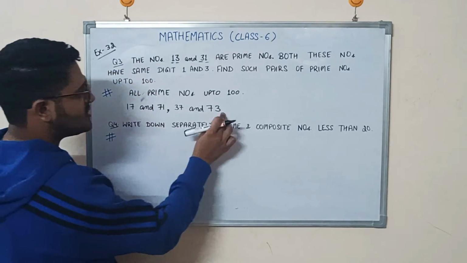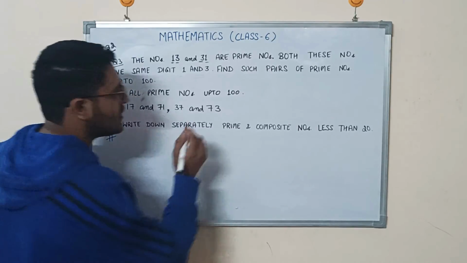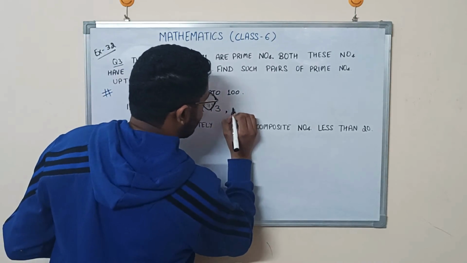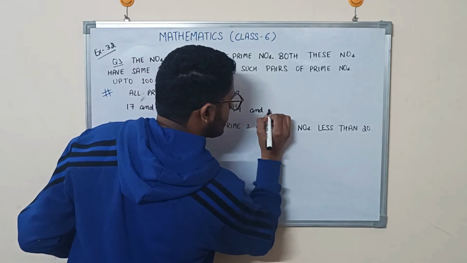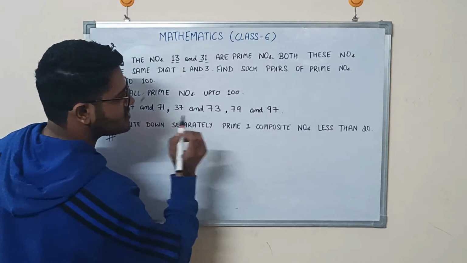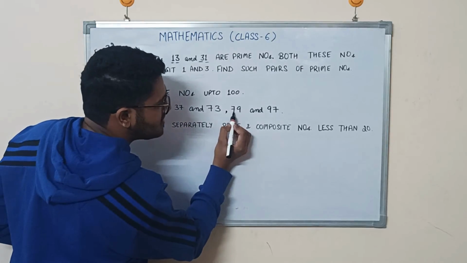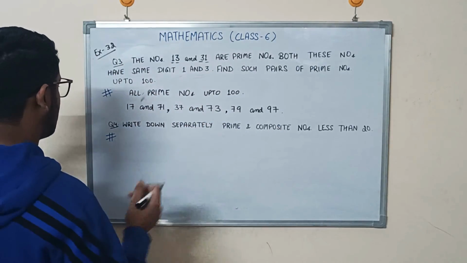Both these numbers are composed of 3 and 7. The third such pair up to 100 is 79 and 97, because both numbers are made up of 7 and 9, simple, right? Let's move to the next question.